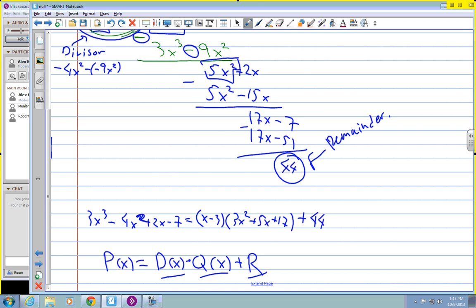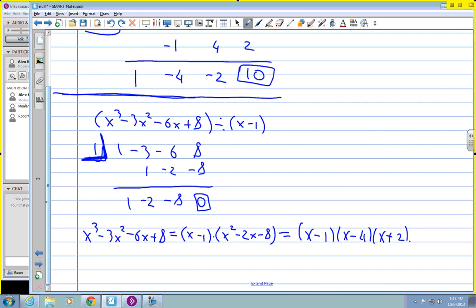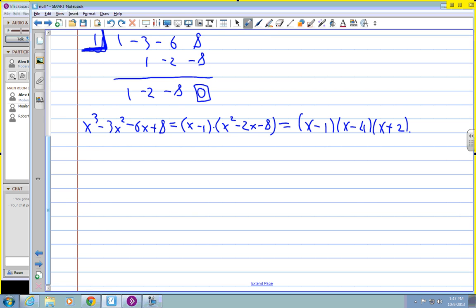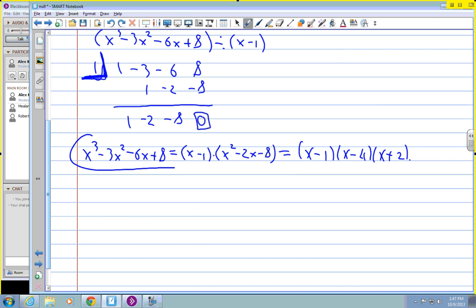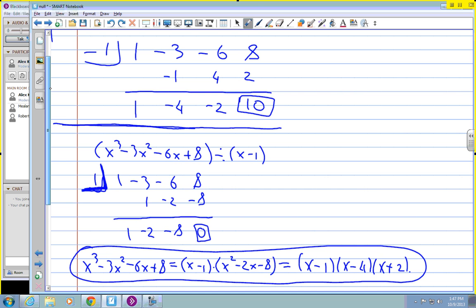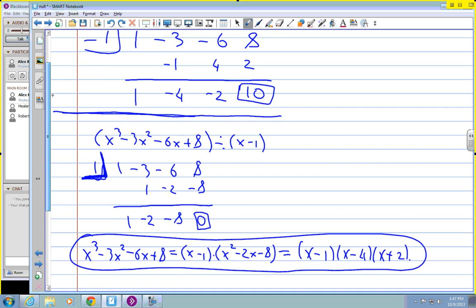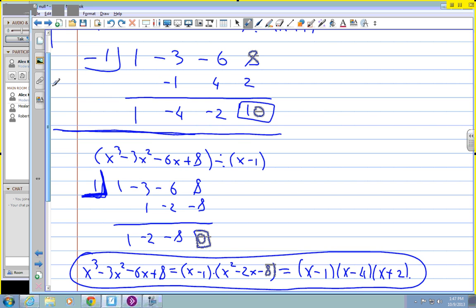The remainder is 0, so there's nothing there. So I was just able to factor this one. I had to use that little division trick. But that's what we're going to be doing in a little bit. We're going to put it in a little more pretty perspective.